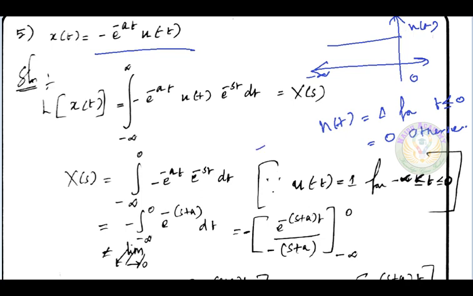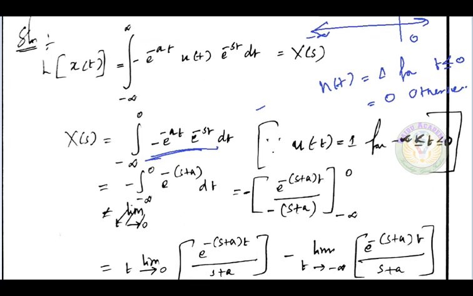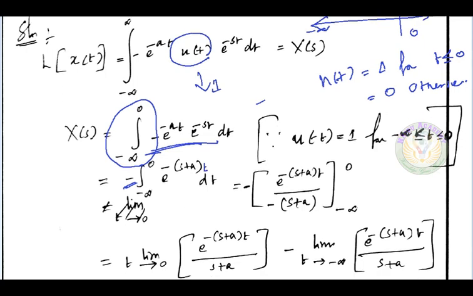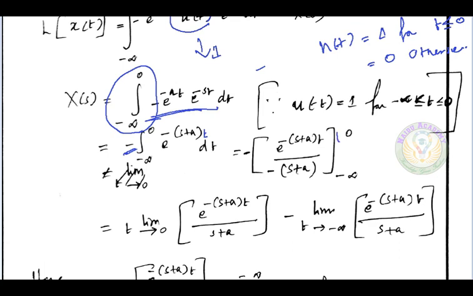Again, you are going to substitute the limits here. So u of minus t is 1 for this limit. Naturally you take the minus sign outside, and e power minus s plus a times t. Then if you integrate, you will get this, and you substitute the upper limit. This term you don't have any problem with.